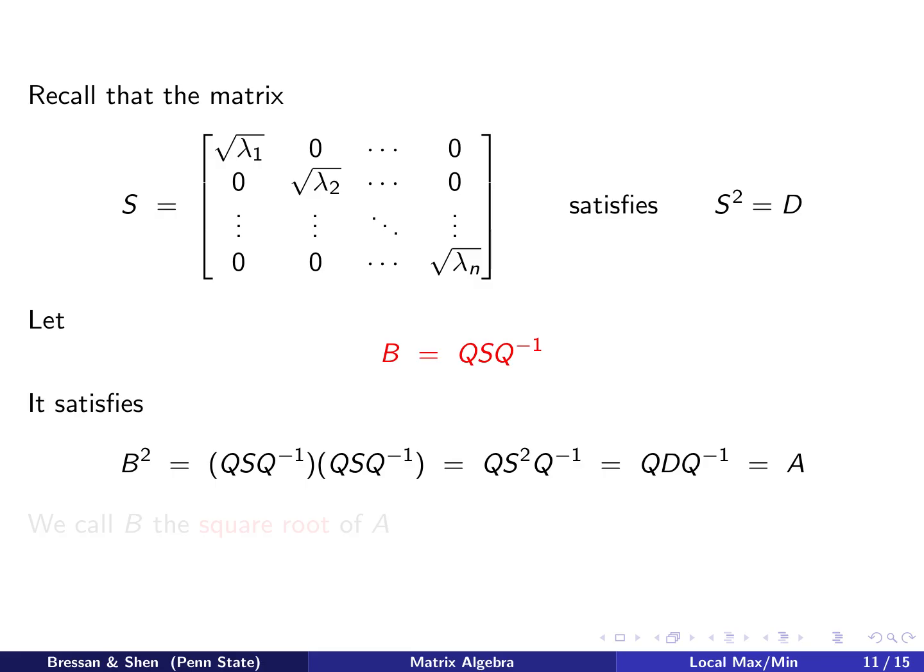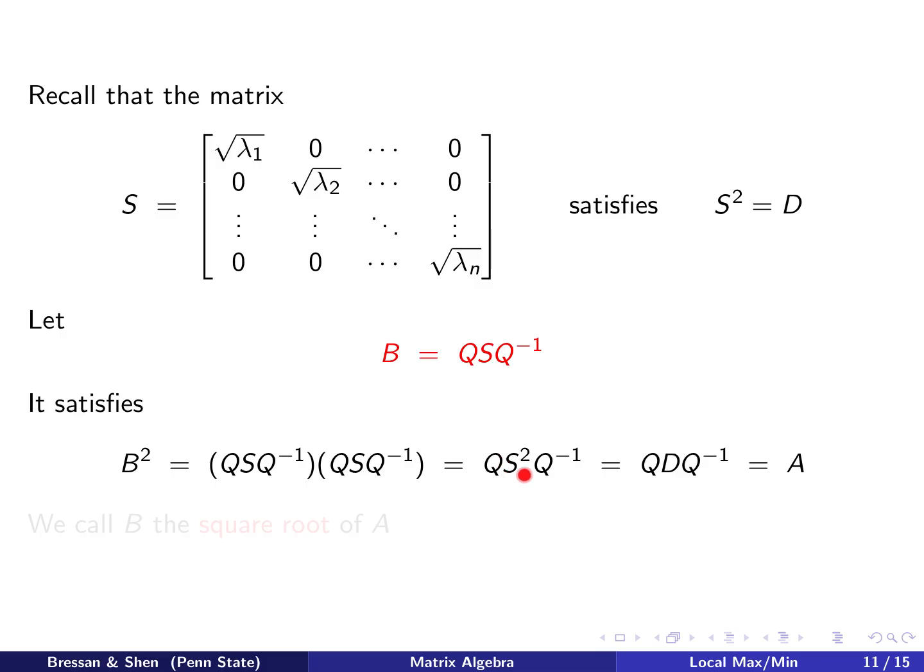We can compute B squared, and we want to show that B squared equals A. So let's put B here, and B here. So B times B. Then we see Q inverse times Q is identity, so it's gone. And then I have S times S, which is S squared. So I have Q, S squared, Q inverse.